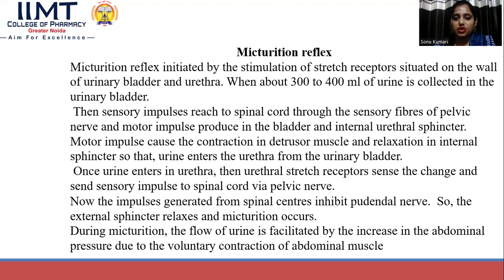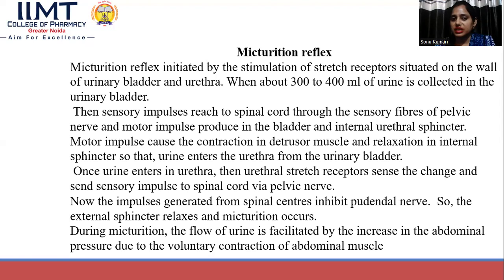Motor impulses cause contraction of the detrusor muscles and relaxation of the internal sphincter, so that urine enters the urethra from the urinary bladder. Once the urine enters the urethra, urethral stretch receptors sense the change and send sensory impulses to the spinal cord via the pelvic nerve.